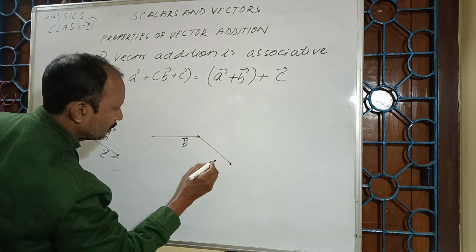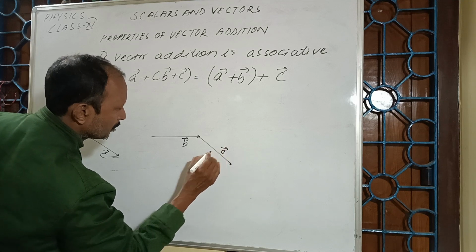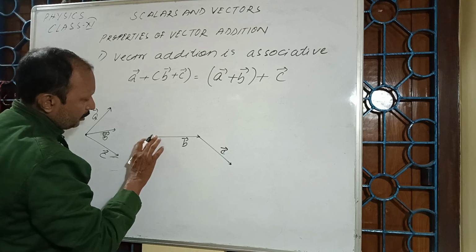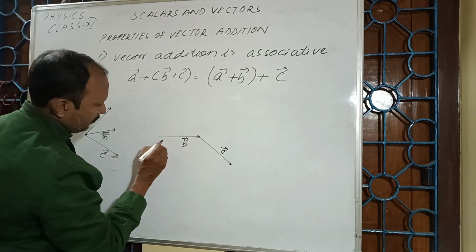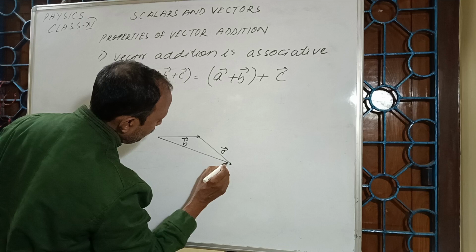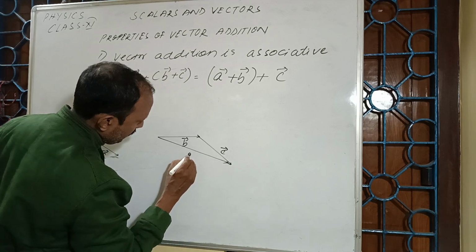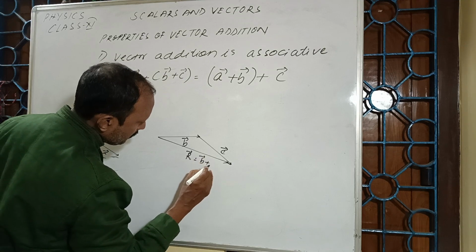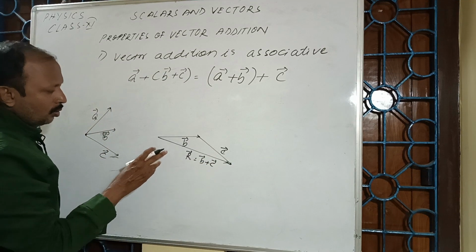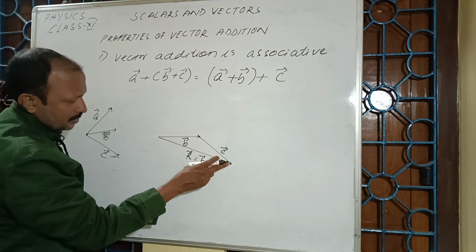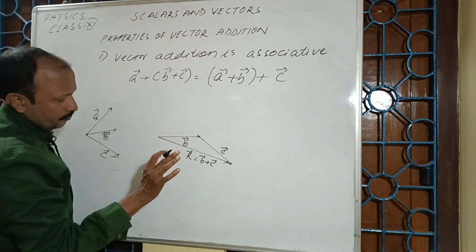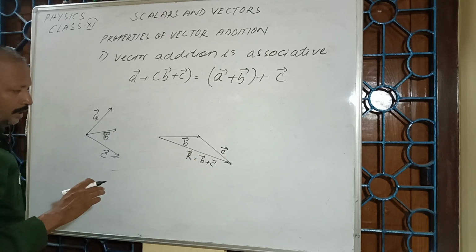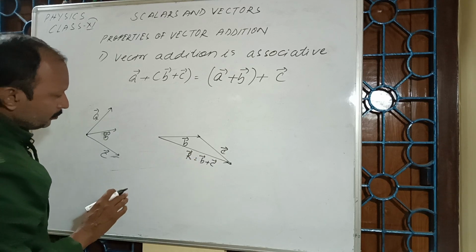This is vector C. Now, using the triangle law of addition, definitely the resultant vector, this R, will be equal to B plus C. So the B and C are in order.